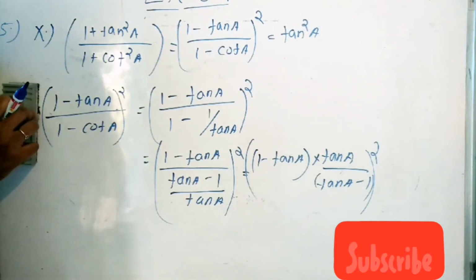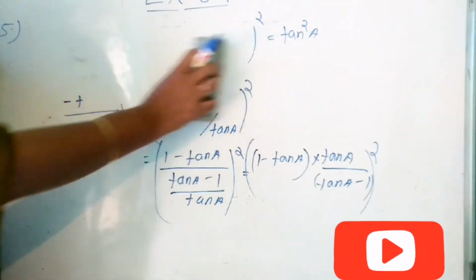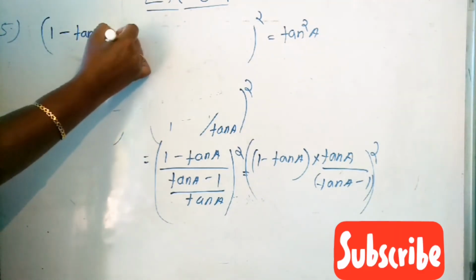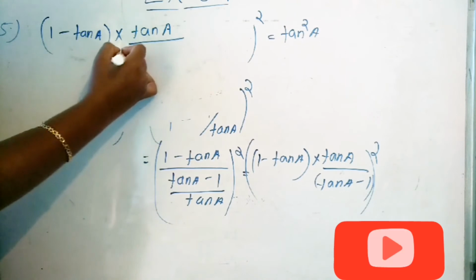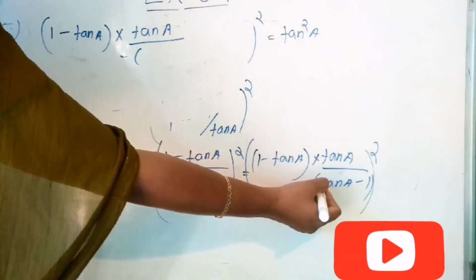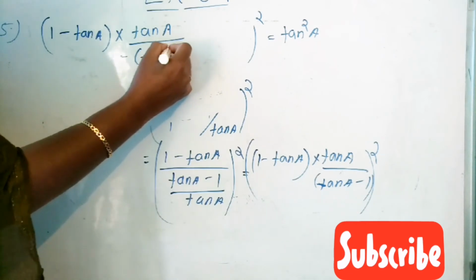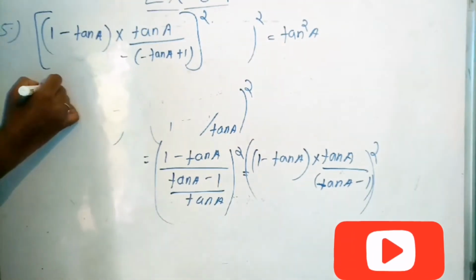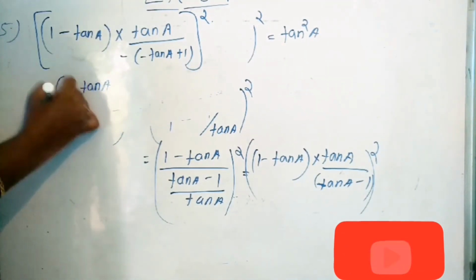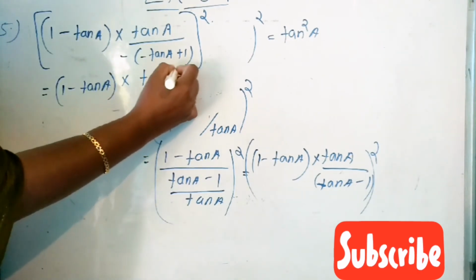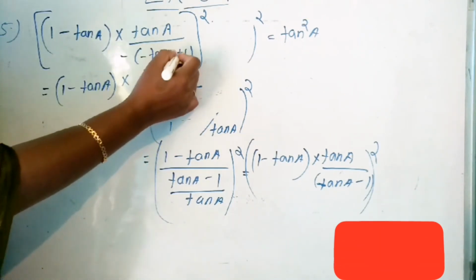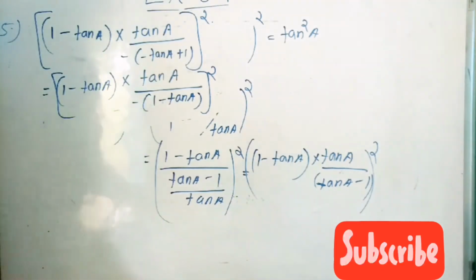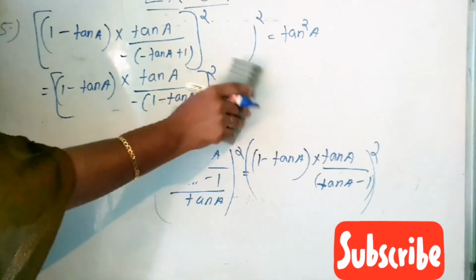Then it becomes (1 minus tan A) into tan A divided by (minus tan A plus 1) all square.